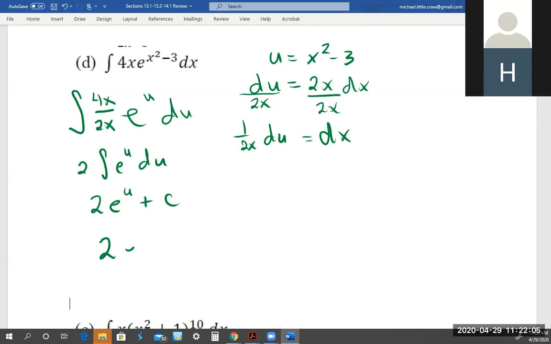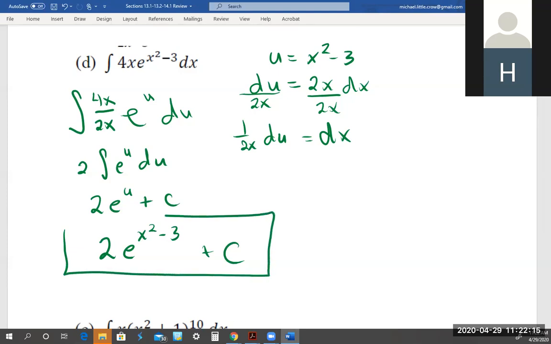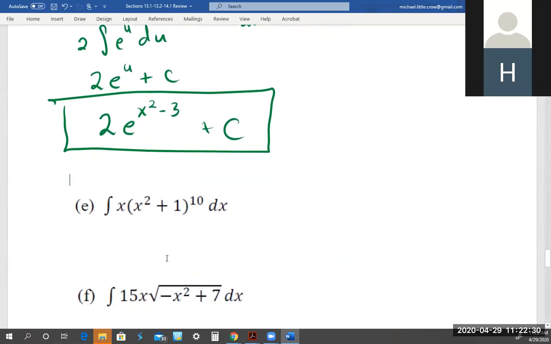So it's 2e to the x squared minus 3 plus a constant. So that's that one. And again, you could take the derivative of this and we should get back up to here. That's how all of these work, but I'll leave those for you.